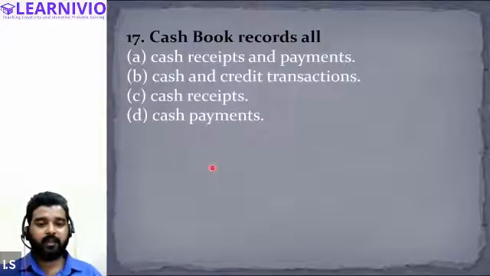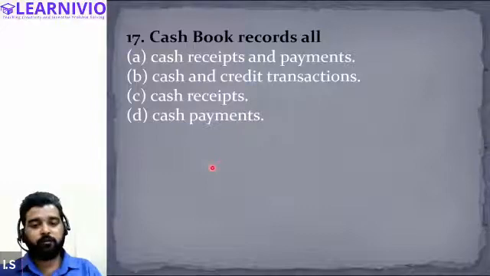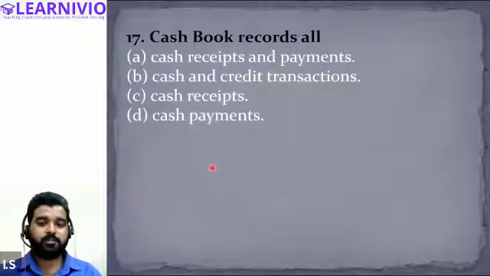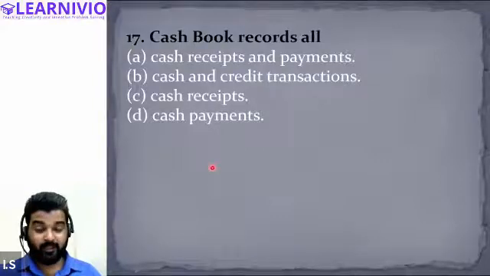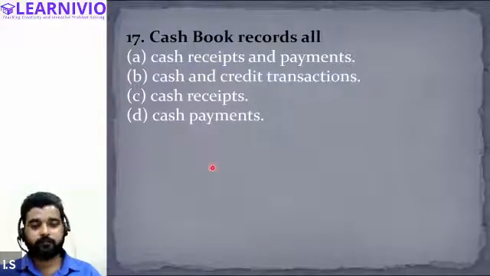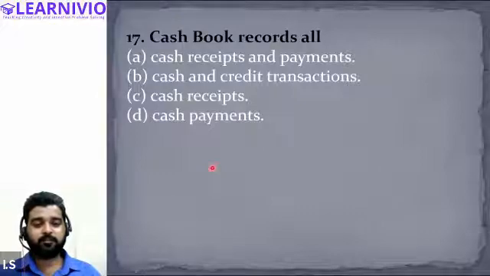After that, the cash book records all. What does the cash book record? This is also simple. Cash receipts and payments, cash and credit transactions? Credit in cash and credit basically means we are selling goods on credit to some person.